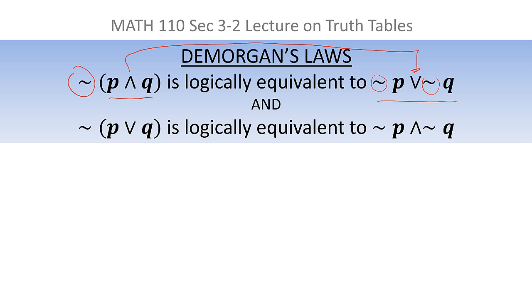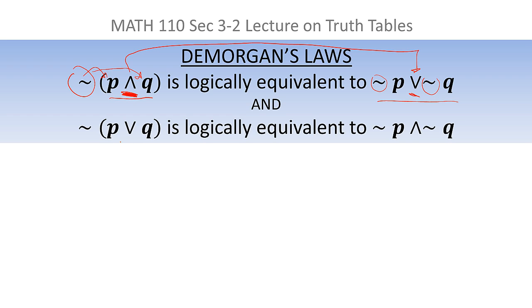It's almost like the negation is like a minus sign in this instance. The negation applies to each of the statements, and then the connective flips. So if it was an and, it flips to an or. So they're easy to remember.